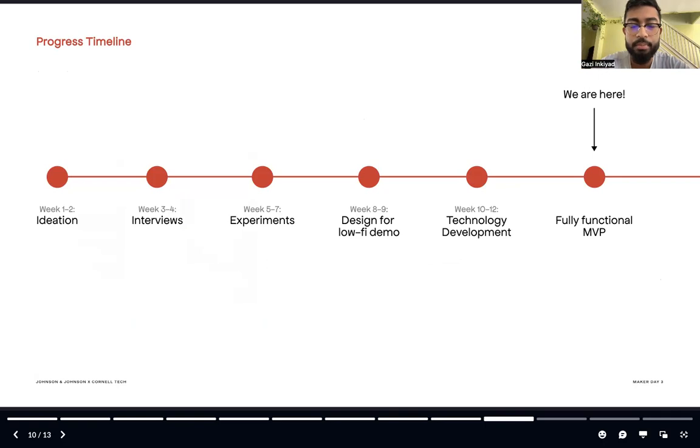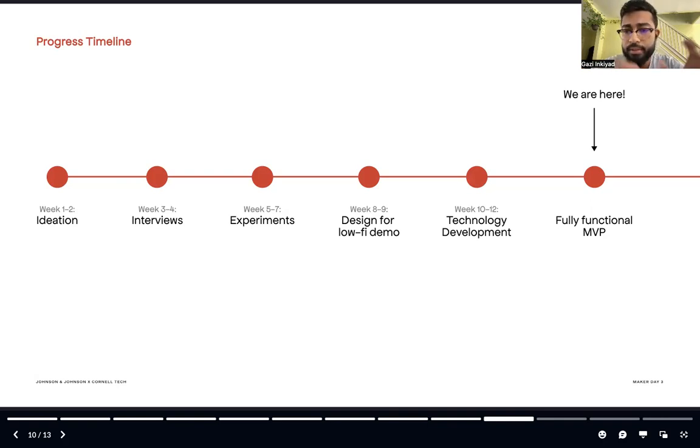We had to accomplish all of this within 3 months with our BigCo studio timeline. For 2 weeks, we went through ideation, what type of problem we should tackle, and then for the next 2 weeks, we conducted interviews with medical practitioners and doctors to see what are some of the problems that they face.